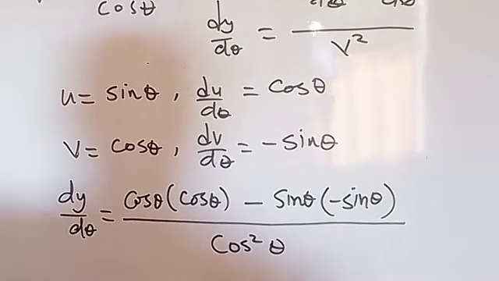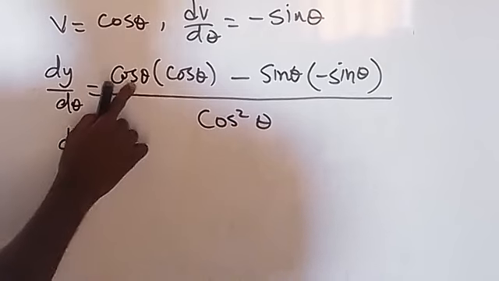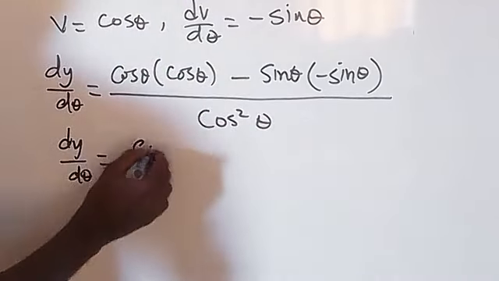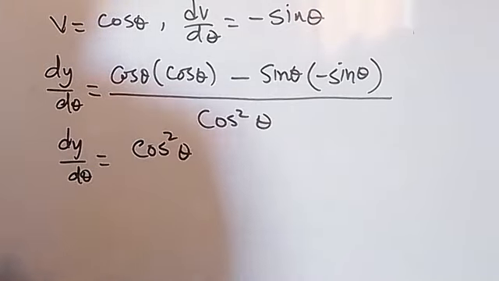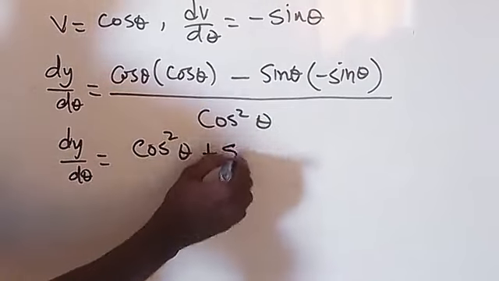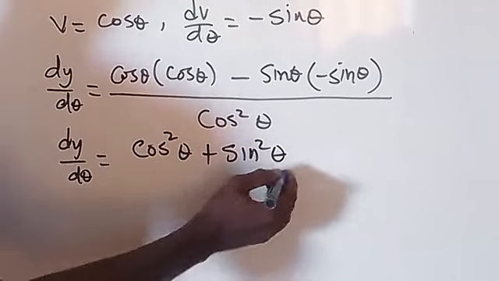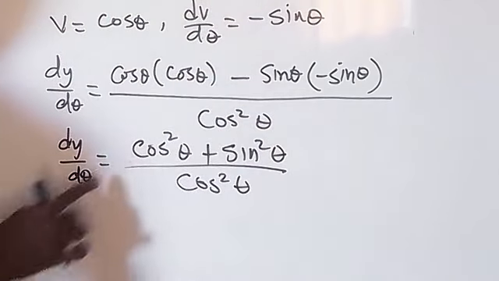Are you following? So from there, dy d theta equals cos theta times cos theta, which gives cos squared theta. Then minus times minus will be plus, so we have sine squared theta all over cos squared theta. Now look at this numerator.